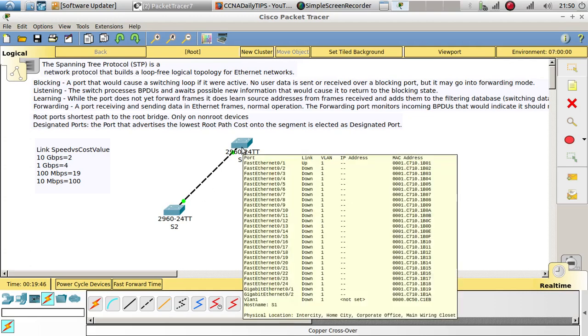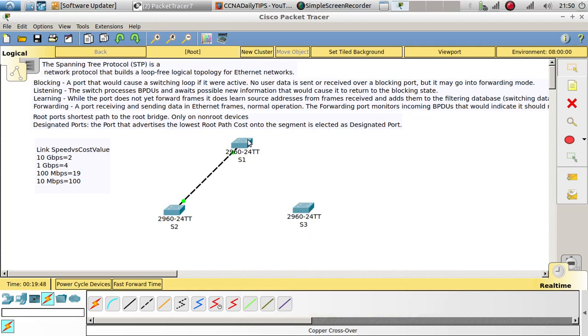Since all the switches by default have the same priority, what ends up winning is the MAC address. So the switch with the lowest MAC address becomes the root bridge, and the root bridge is kind of like the manager of the topology.